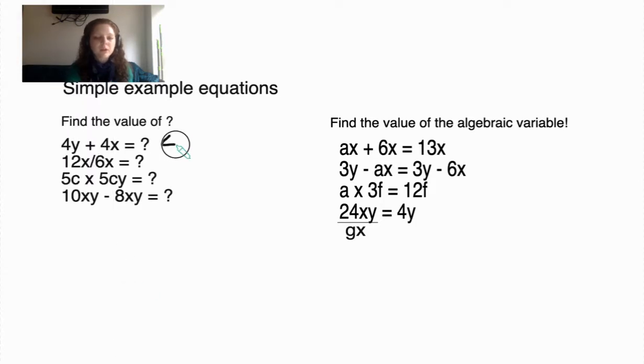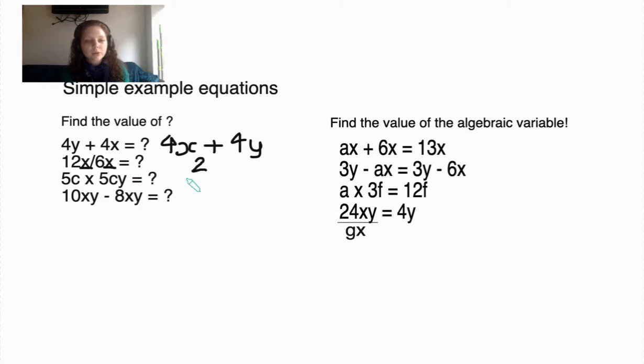You have got 4x plus 4y, so nothing changes there. 12x over 6x, you've got these common variables there, and you've got the 12 over 6. 12 divided by 6 is 2. So you are just left with 2 as the x's cancel each other out.